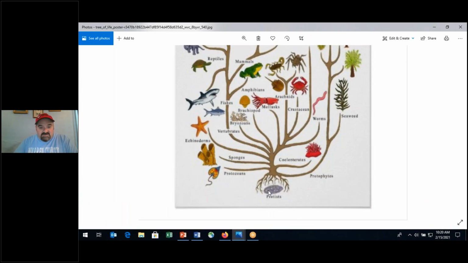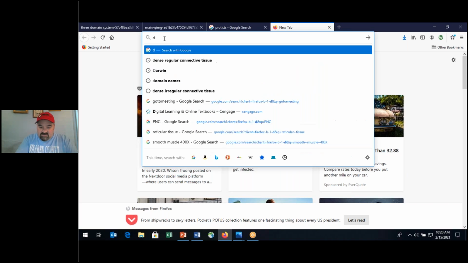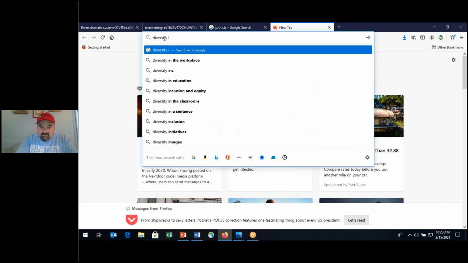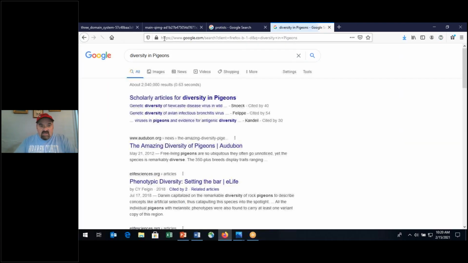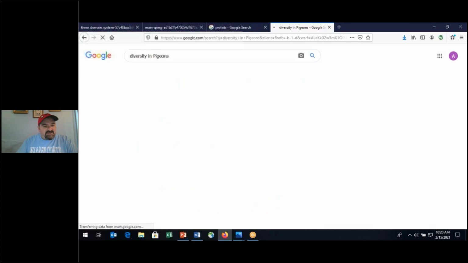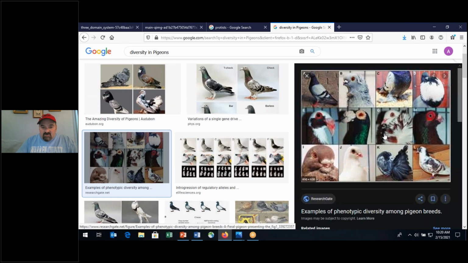So we're looking at the protists here, those single-celled organisms, and I wanted to look at pigeons. They're involved in breeding and selective breeding, so a common heritage via selective breeding can create all of this different diversity that we see just in different types of pigeons.